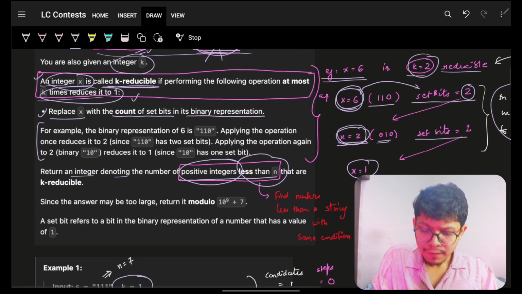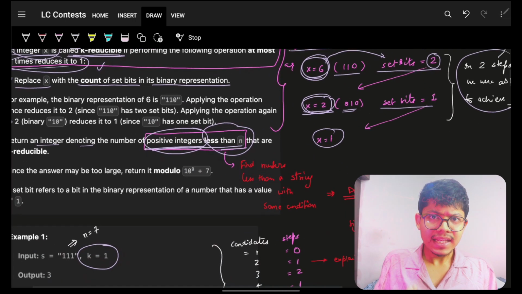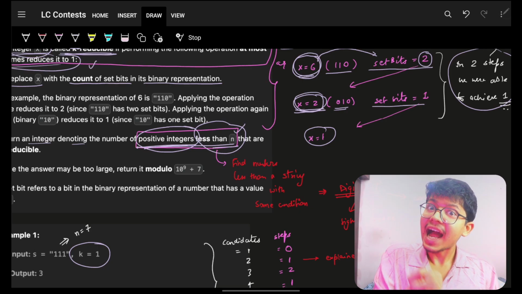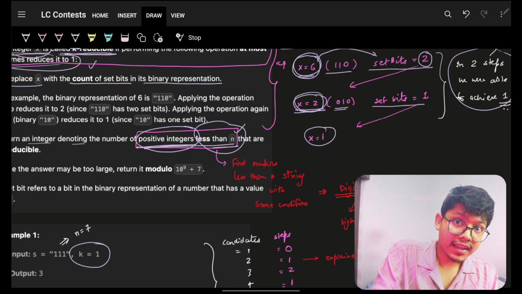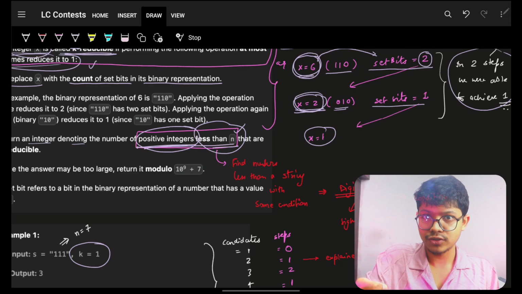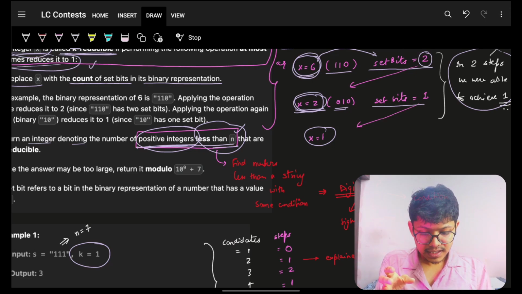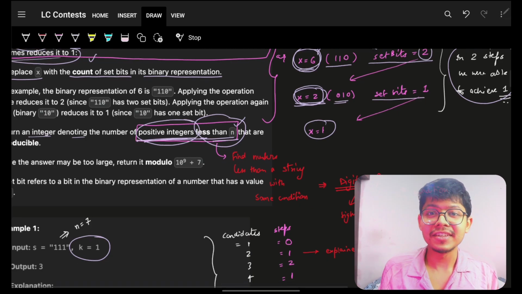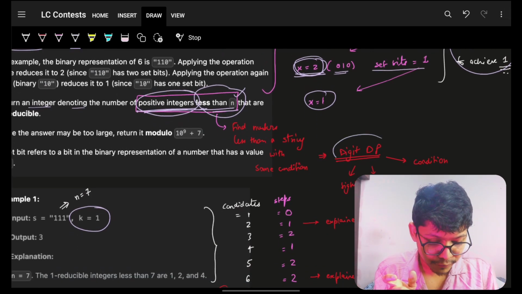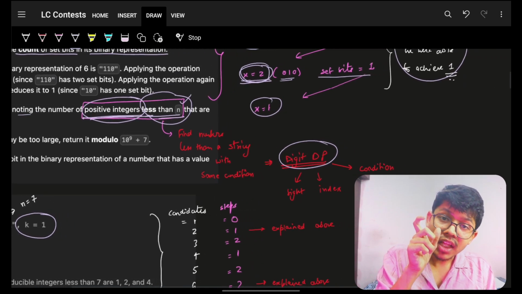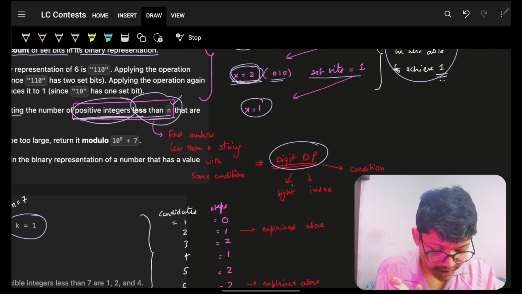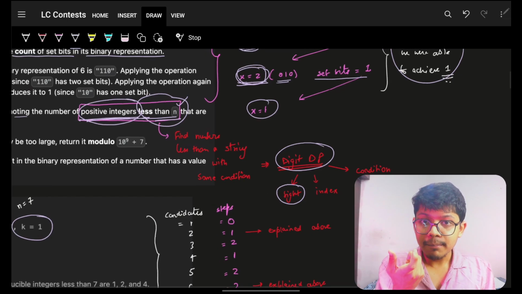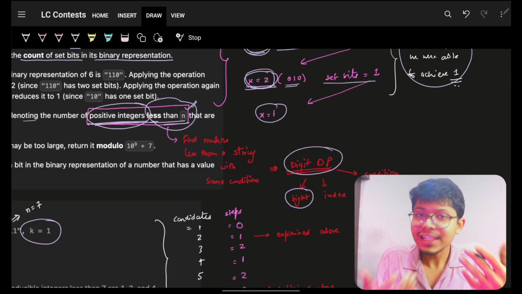So when you have to get some numbers less than some number, which is n in this case, while keeping the fact that you cannot convert it to an actual integer and you have to iterate on a string, that is where you should know that you have to use a digit DP, because digit DP has a constraint called tight, which helps you to get a number which is less than or maybe less than or equal to.